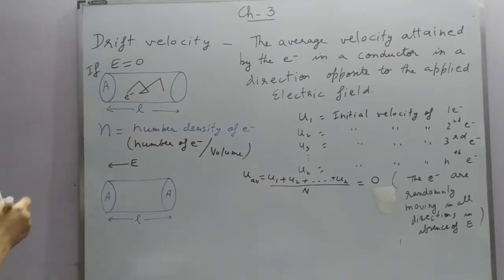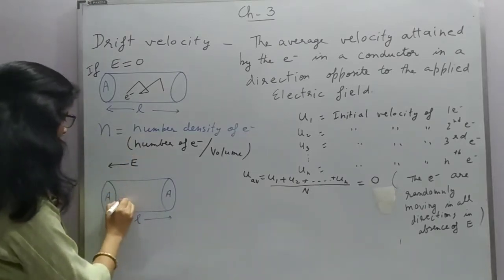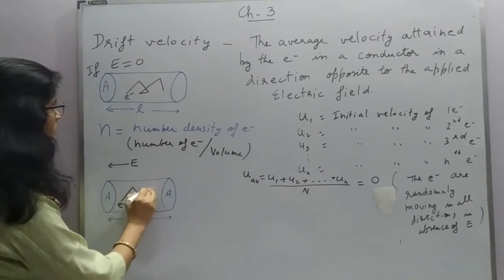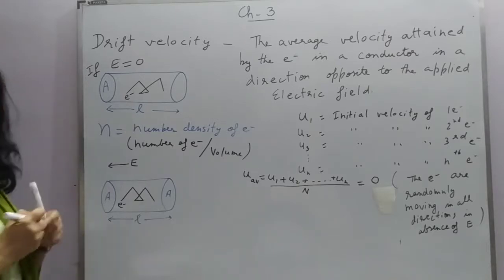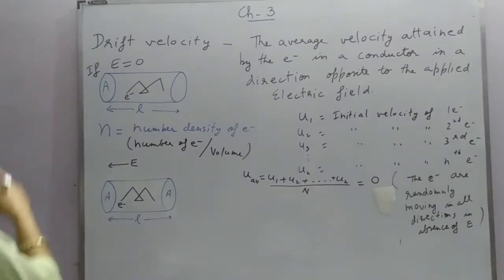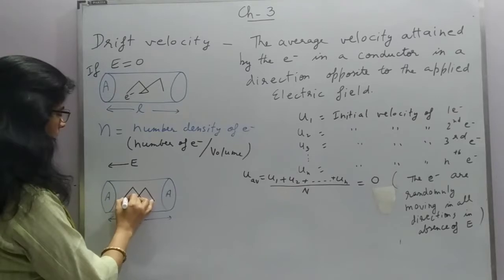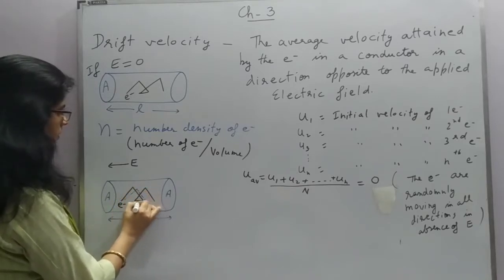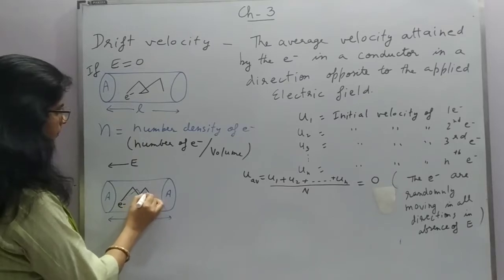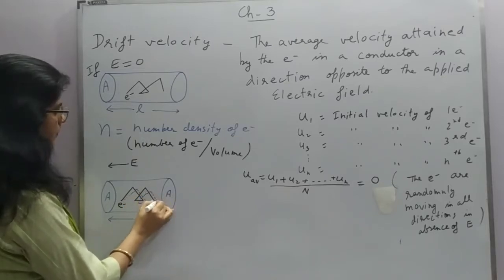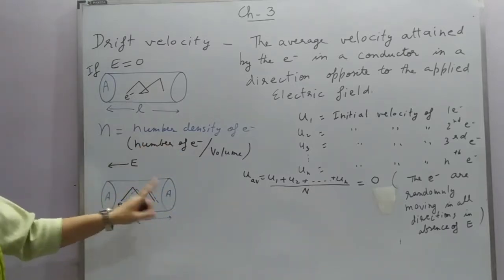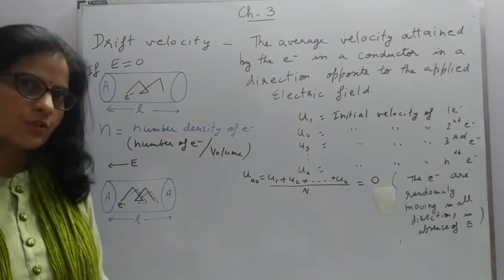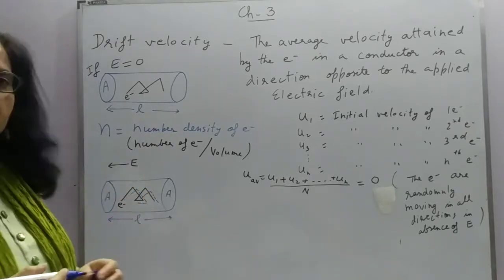The electrons are still colliding with one another, right? But due to the effect of this electric field, these will experience some drift along a direction opposite to the electric field. So the electrons will gain some net velocity in a direction opposite to the electric field.